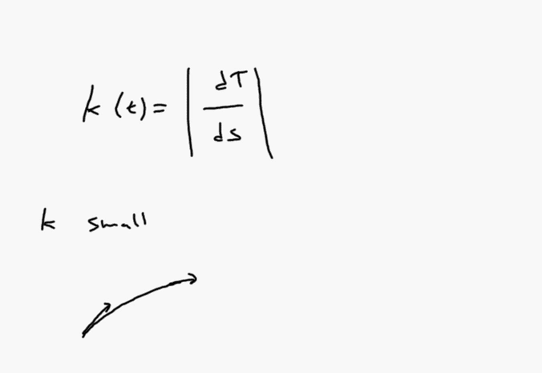That would be an example of a small curvature, whereas if you had k equal to something big, then you'd see something like this: a big change for the same distance traversed. So let's pretend for the time being that that distance and this distance in blue are the same. Maybe it's 1 mile driven along the road, but in this case, after driving 1 mile, I'm almost pointed in the exact opposite direction, whereas in the case on the left, I pointed ever so slightly.